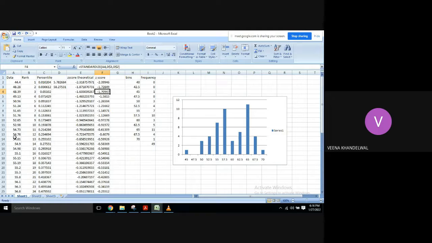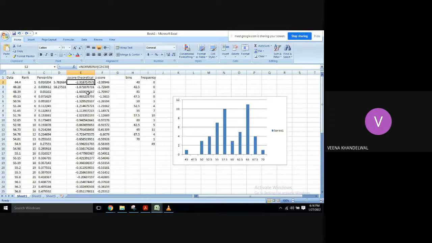Now, as we have learned that the QQ plot is used to compare two data sets, here we'll be comparing whether this data follows a normal distribution or not. So here I have computed the Z score values of a normal distribution. These values can be computed with the help of the NORM.S.INV function.